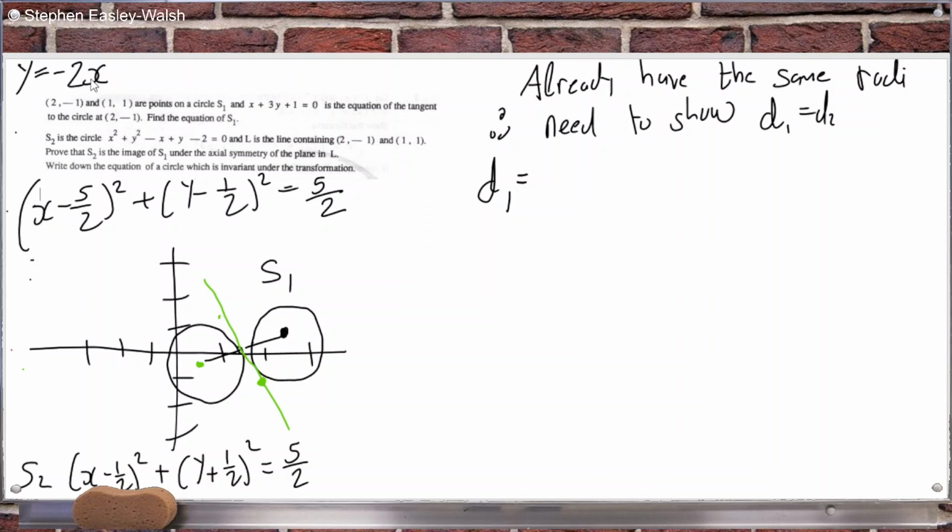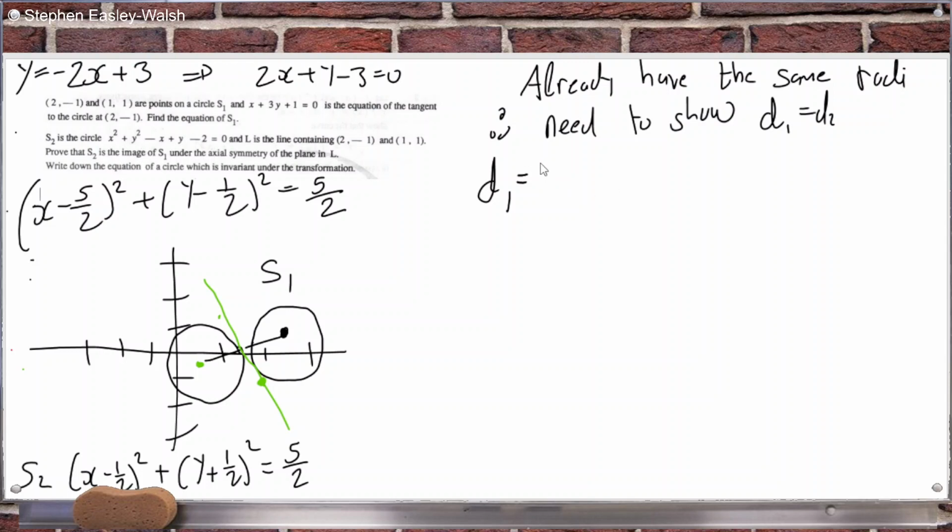When x is 1, y should be 1. So I think it's plus 3. Let's just double check that. The slope is 2 over minus 1. Yeah, and when x is 1, minus 2 plus 3 is 1. Yeah, it looks okay. Or in other words, 2x plus y minus 3 equals 0.